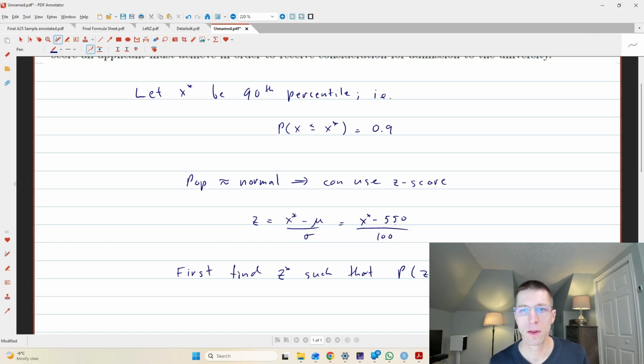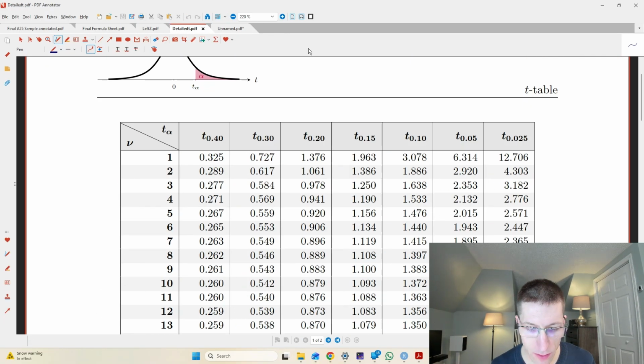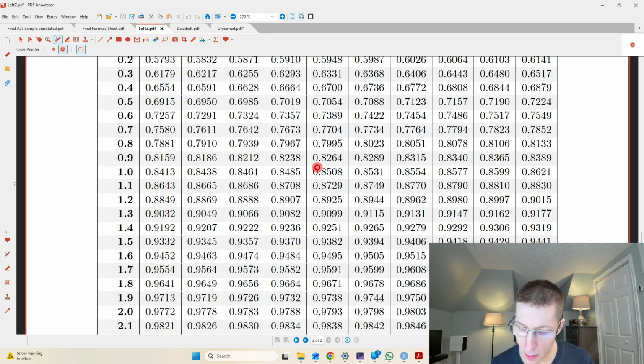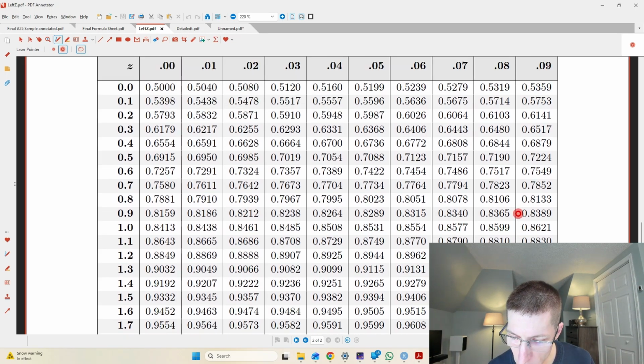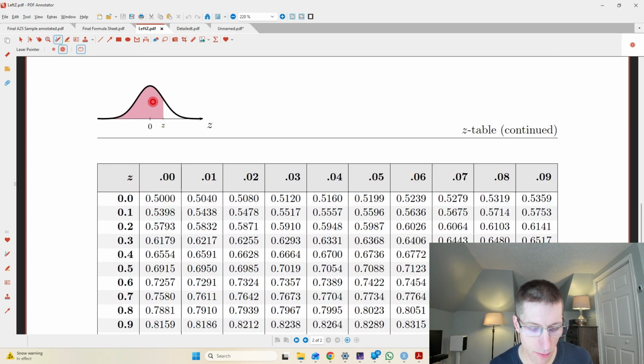Remember, you can go between the raw score and the Z score, which is the standardized normal distribution score. So where's my Z table? We want the probability less than 0.9, so we have to figure out what Z is going to have area 0.9 on the left tail.